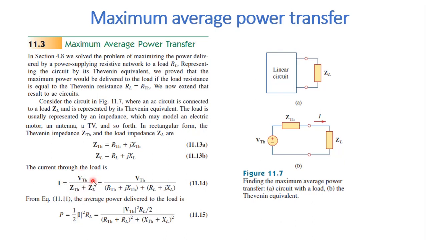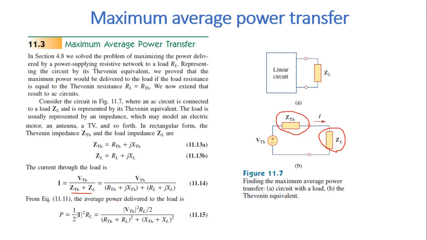Here V is VThevenin, and Z Thevenin and ZL are in series, so the total impedance is Z Thevenin plus ZL. Z Thevenin can be written as R Thevenin plus jX Thevenin, and similarly ZL can be written as RL plus jXL.